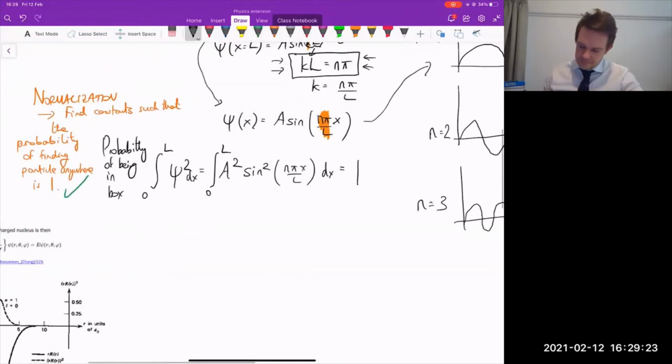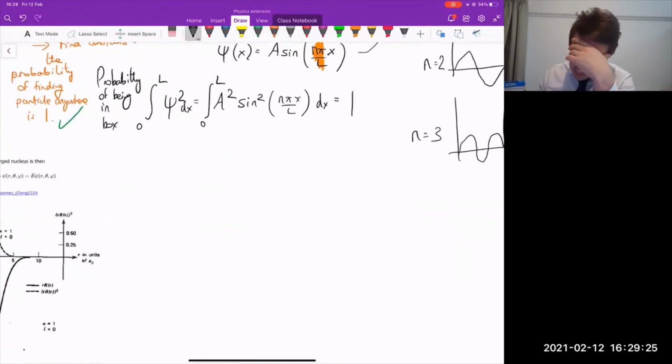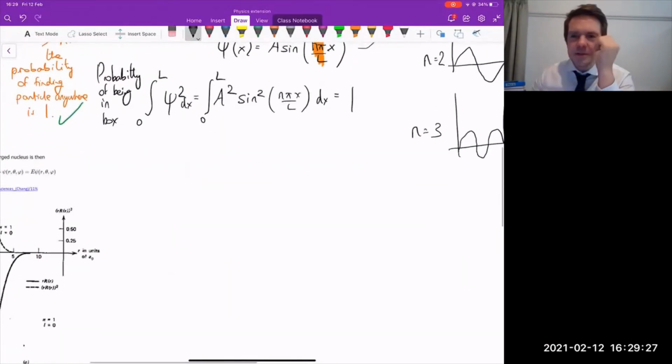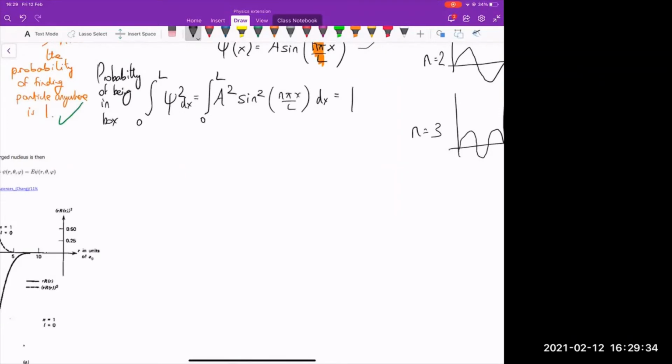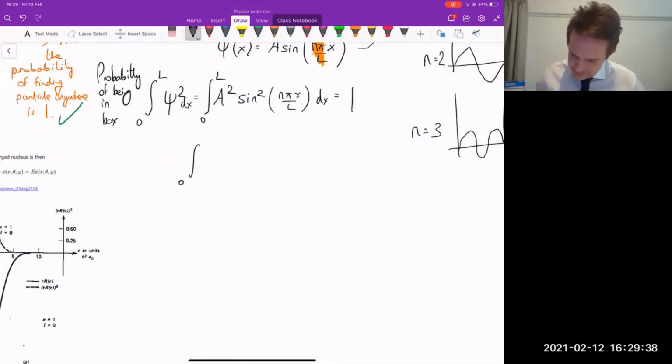So, how can we find A? Well, even over the first years, have you done the integration of trigonometric functions? I don't think so. Right. So, this is the problem.